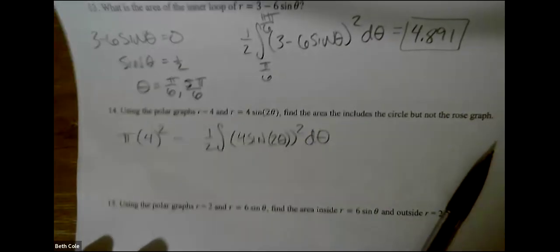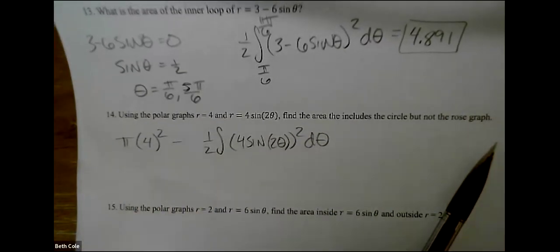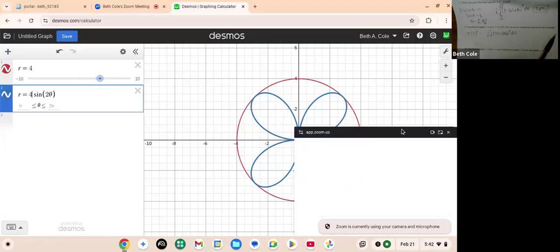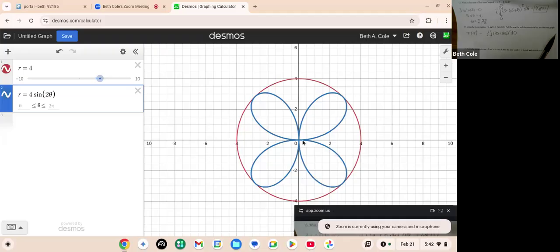We need to figure out our boundaries. So I'm going to go back to the graph. And so I would do just this first petal or leaf of the graph, which would be from 0 to pi over 2. If you plug in 0 or pi over 2 to this, you're going to get 0.